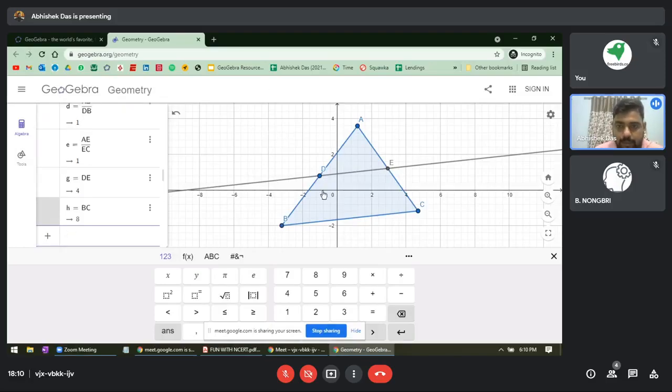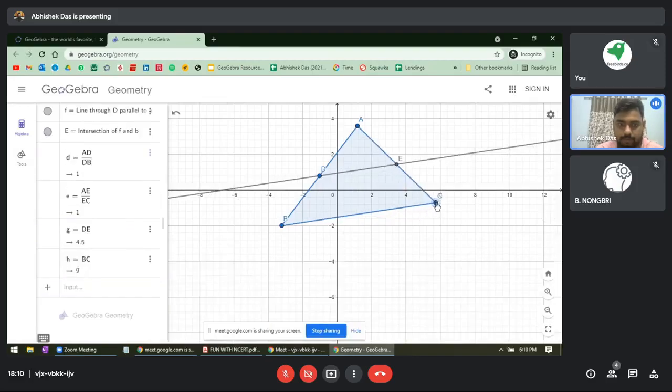So, the midpoint theorem states that if D and E are the midpoints of AB and AC respectively, then if I join D and E, DE would be parallel to BC. Okay, that's for sure. Also, DE would be half of BC. Right? It can be seen over here. BC is 8 and DE is equal to 4.